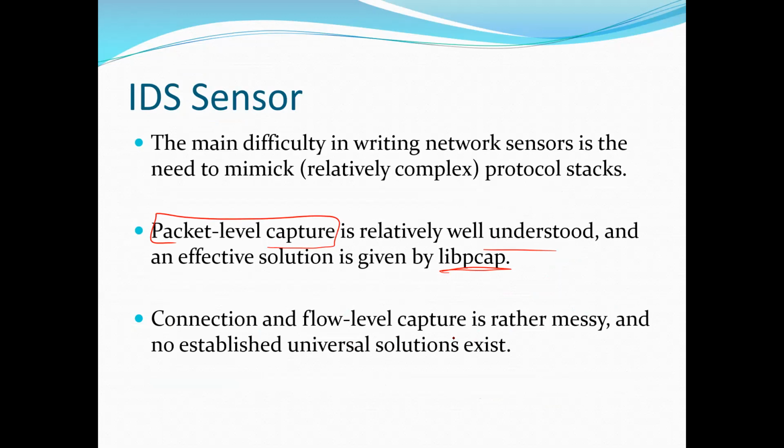When we're dealing with connection and flow level capture, it's much more difficult without a doubt. And in fact, there are no established universal solutions for it. As I said, you guys really like cybersecurity, and you know there's basically an arms race, and it's pretty tough out there. So these are the problems you will hopefully be solving.